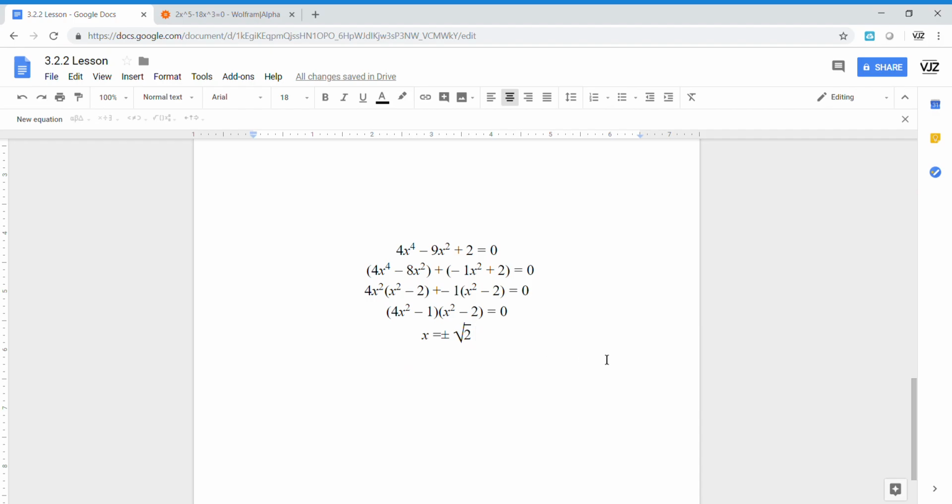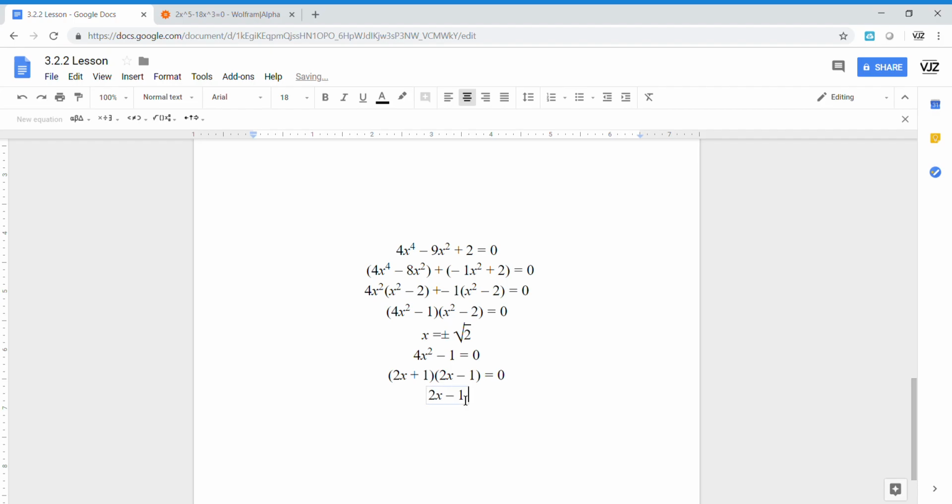Now we come back here and we take this 4x squared minus 1 equals 0. Now another sum or difference of squares. So we do 2x plus 1 times 2x minus 1, and that should multiply out to 4x squared minus 1. And let's just solve for one of the equations so that we know the other one, not squared.